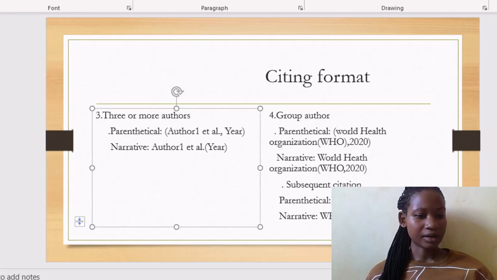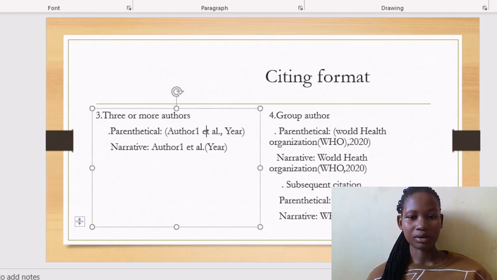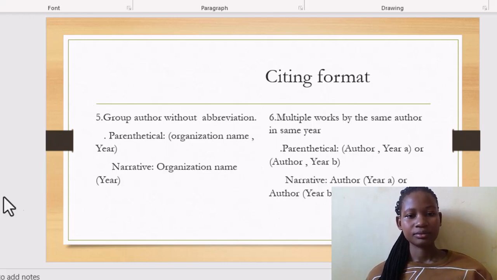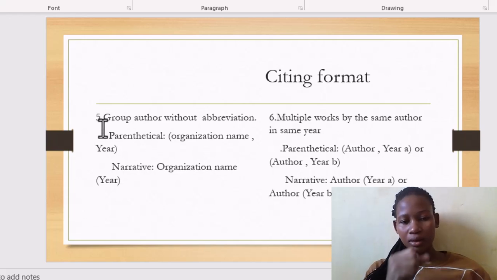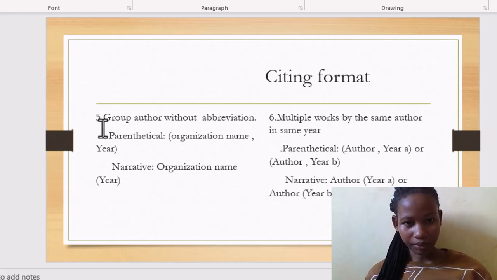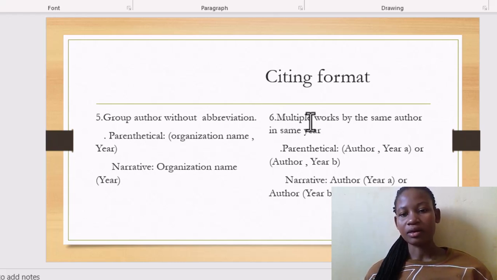So now on the next slide we're going to be talking about the citing format of group author without abbreviation. And then we shall be talking about multiple works by the same author in the same year. So for group author without abbreviation, we shall talk about the parenthetical and the narrative.